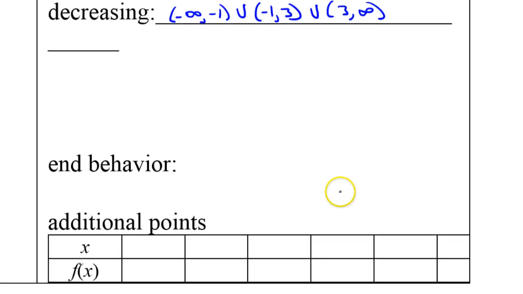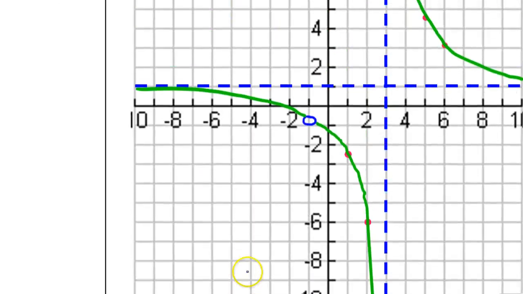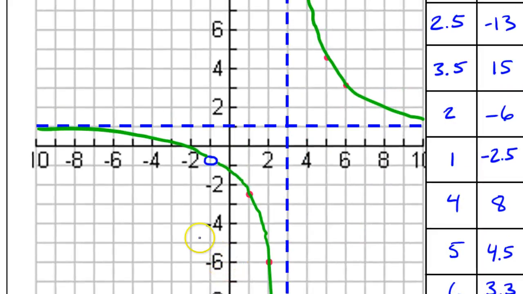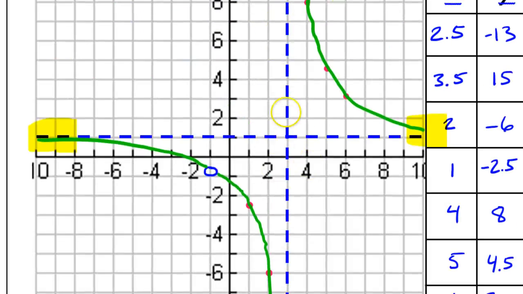Now, finally, end behavior. Oh look, there's space for points down there. End behavior is what happens on the left end and the right end. So please understand, with end behavior we're talking about this part of the graph and this part. We are not talking about this up here or this down here, because this is the middle.